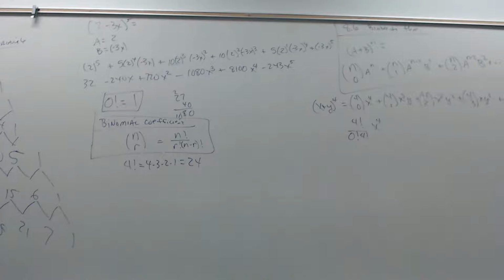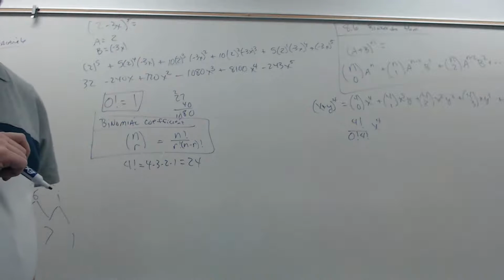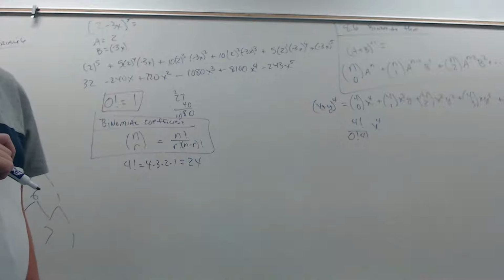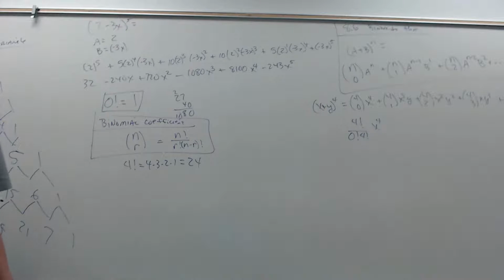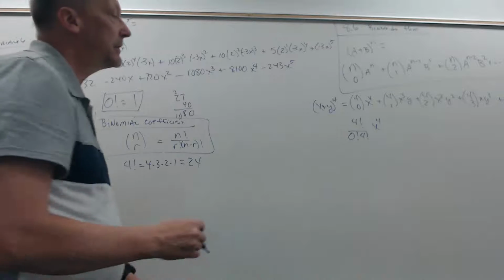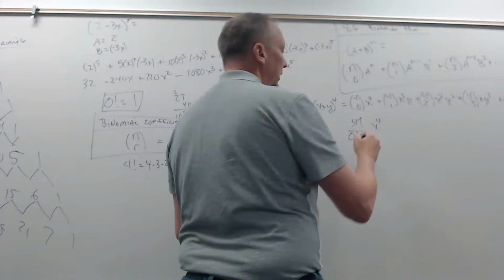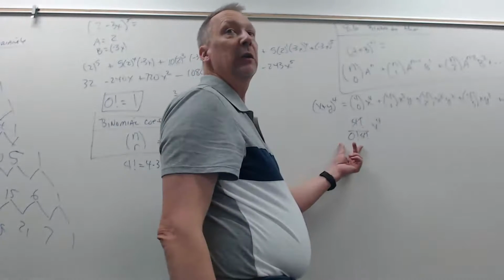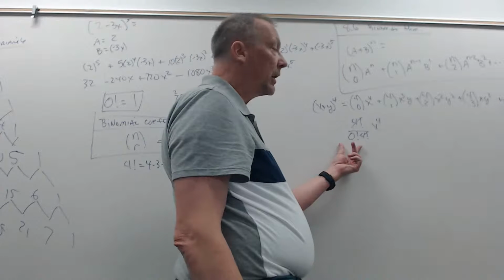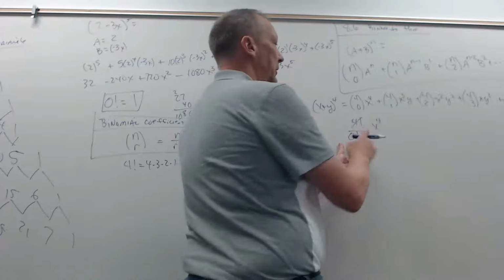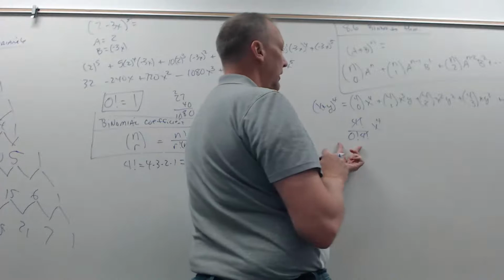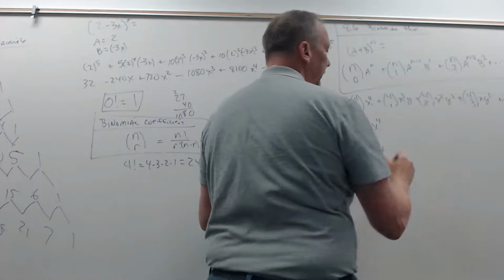You know what 4 factorial means, right? The nice thing about this is the 4 factorials cancel. 0 factorial is 1, because we don't want to multiply this by 0 or it'll mess it up. So this just becomes simply x to the 4th.